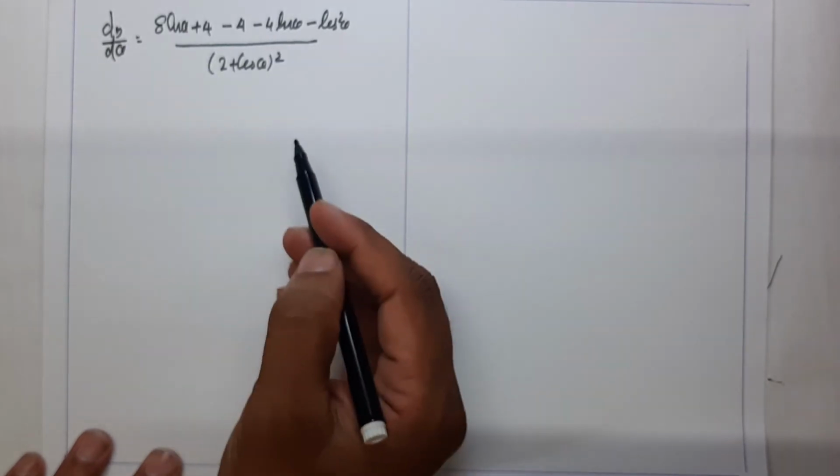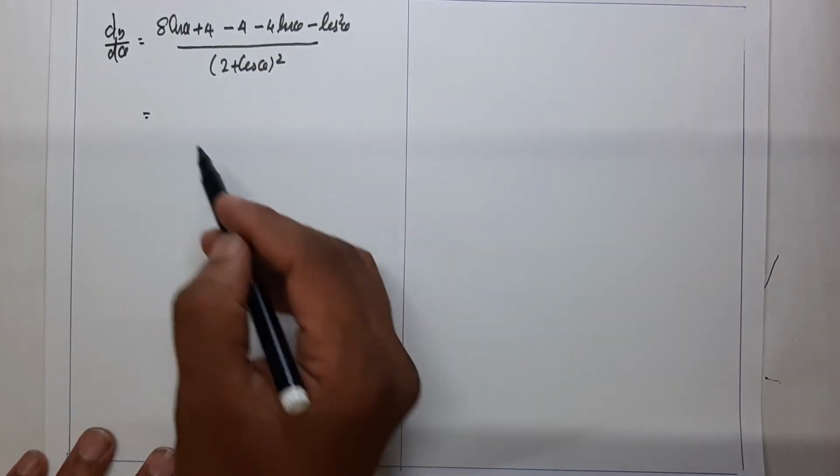Here 8 cos theta minus 4 cos theta is equal to 4 cos theta.